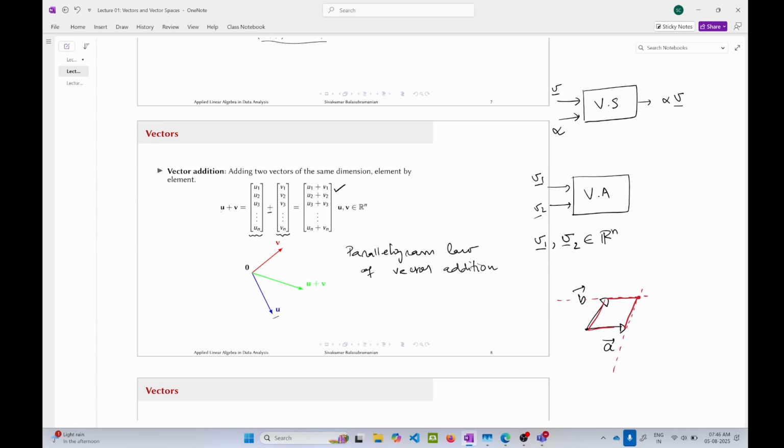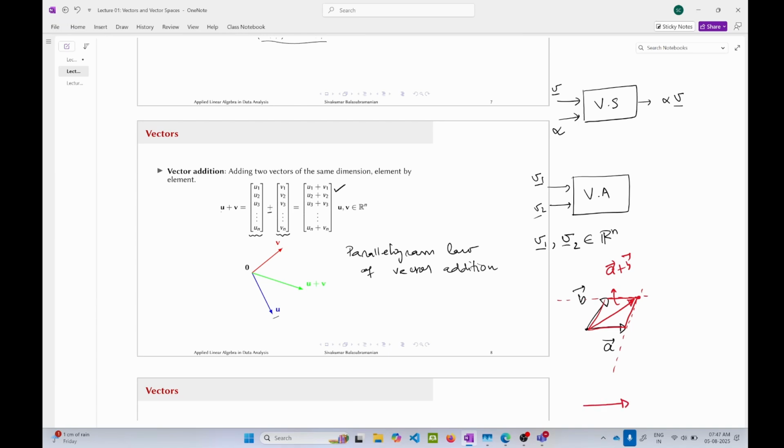And this will form a parallelogram. And the main diagonal, I shouldn't say the larger diagonal, it depends on the directions of A and B. This main diagonal is essentially now A plus B.